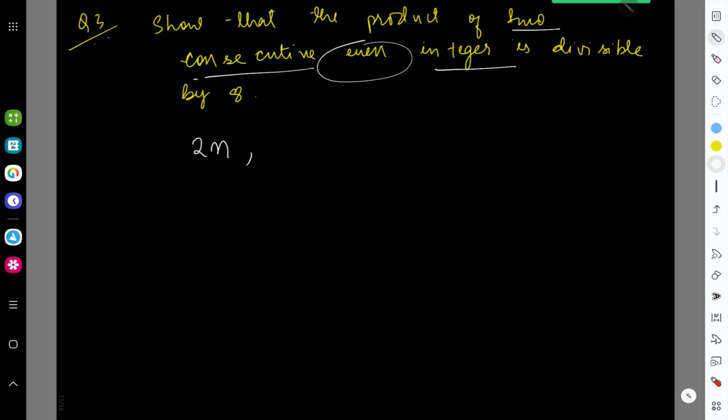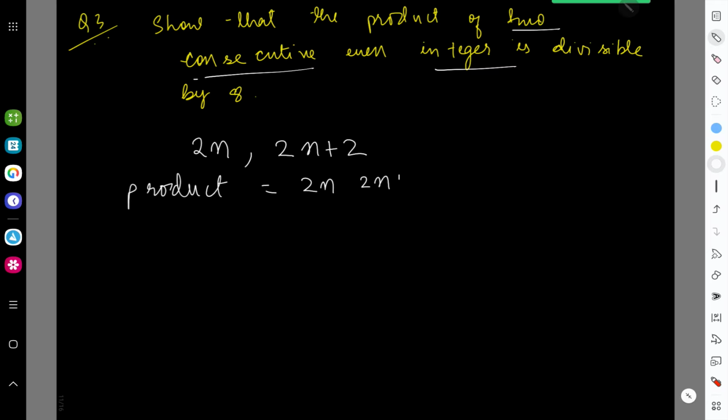So 2n and 2n plus 2 will be our general form for this question. And another keyword in the question is product. So let us express these two general forms in product form. So the product is 2n times 2n plus 2. This is the product.